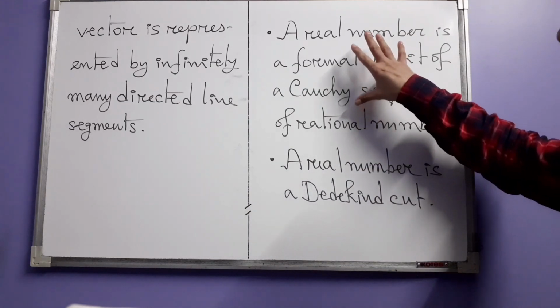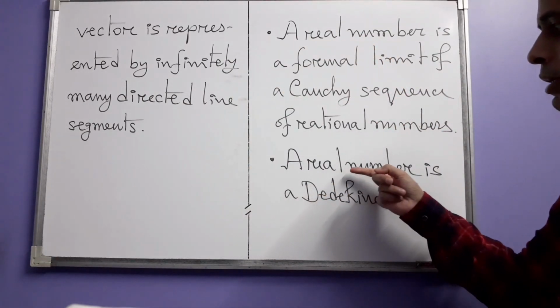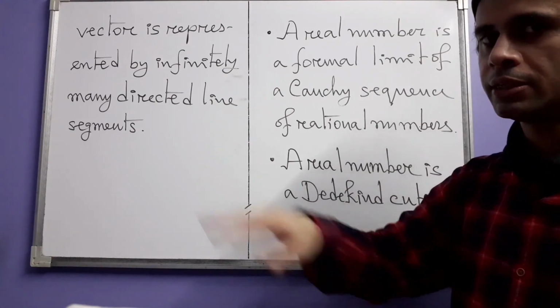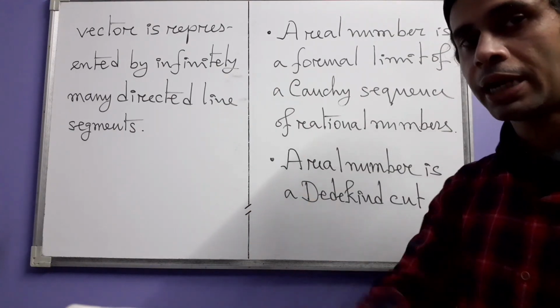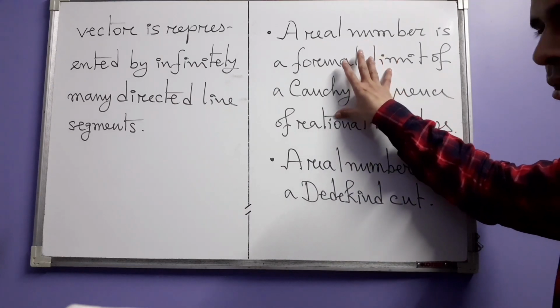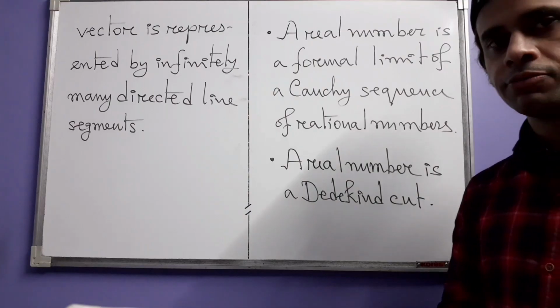If one develops real numbers like this, one gets one theory and this leads to another theory where the objects are different but the theories become identical. So it does not really matter whether you choose this one as a model for real numbers or this one as a model for real numbers.